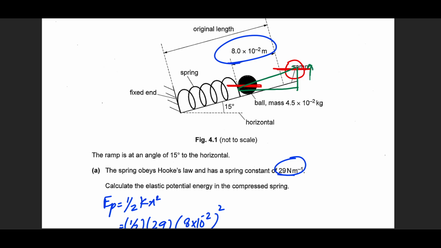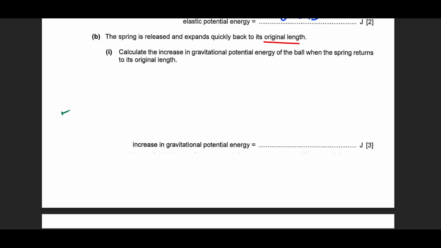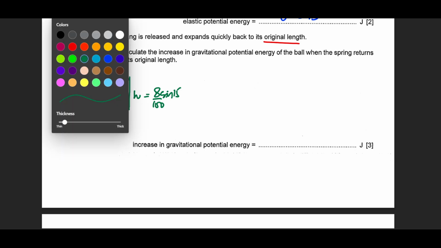We are only interested in this height h, or the perpendicular height, because of the gravitational potential. So let's make the triangle over here. It goes from this point to this point. We are interested in h. This is 8 centimeters. This is 15 degrees. So h should be 8 sine of 15. But of course, this is divided by 100 to make it into meters.